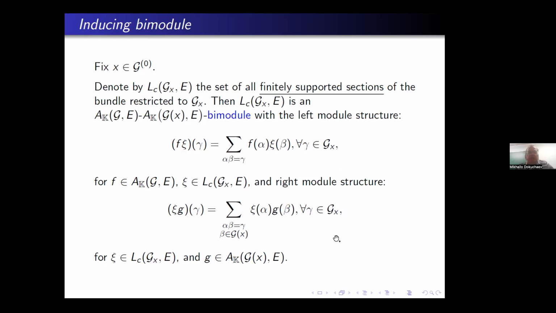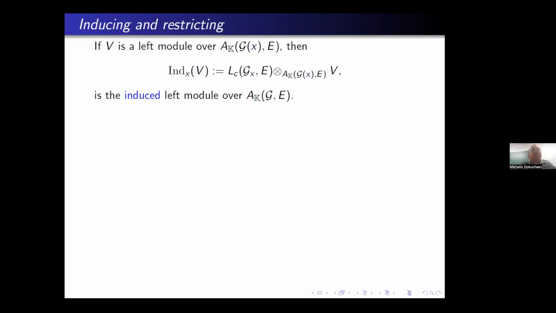And so we showed it's a bimodule. Now, in order to induce, we take any left module over the twisted group algebra and tensor it from the left by this inducing bimodule. So we obtain a left module of the Steinberg algebra, which we call the induced module.